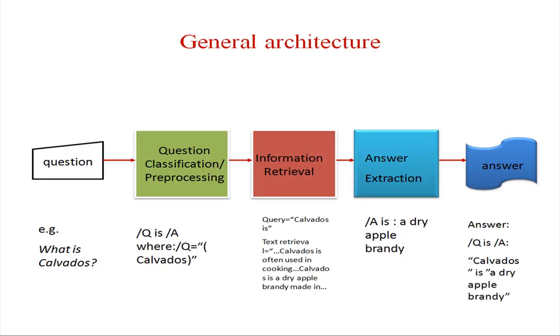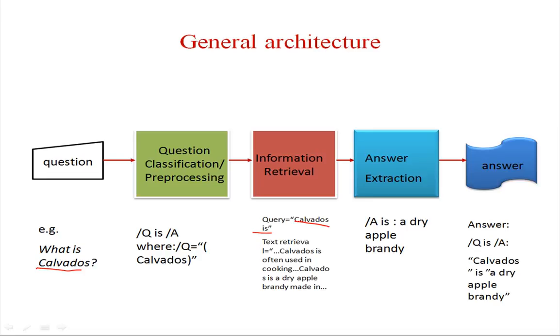For example, this is a question: What is Calvados? This is question classification and pre-processing. Here we partition the question into several parts, and after that, in information retrieval, we use the query Calvados and text retrieval functions are applied, which identify the set of useful documents which contain these keywords or query, a ranked list of documents.